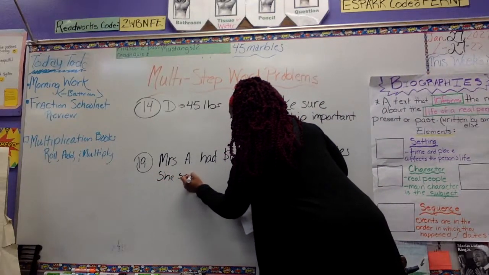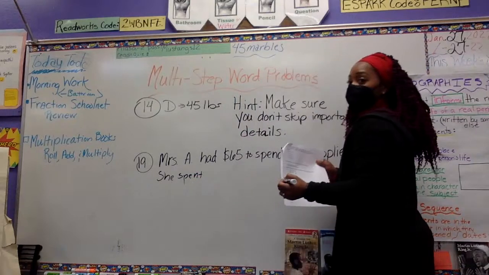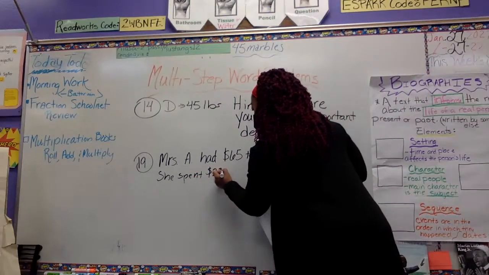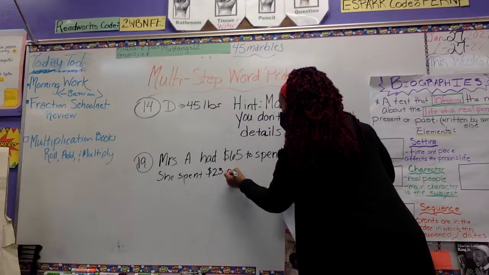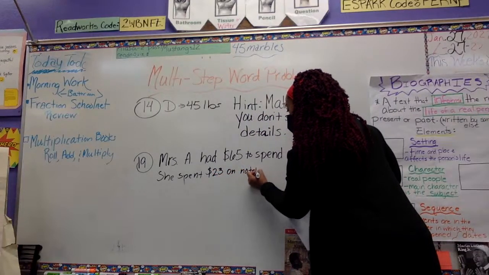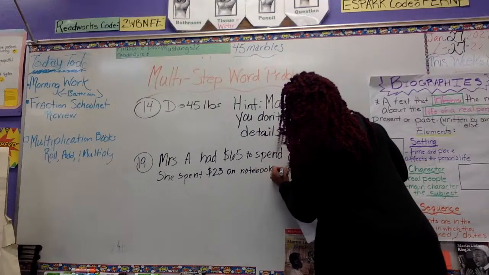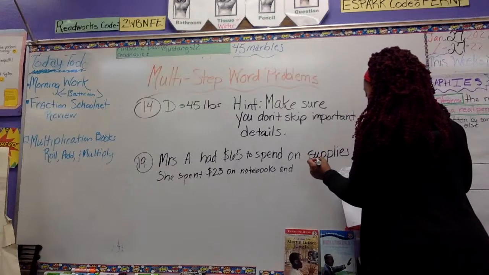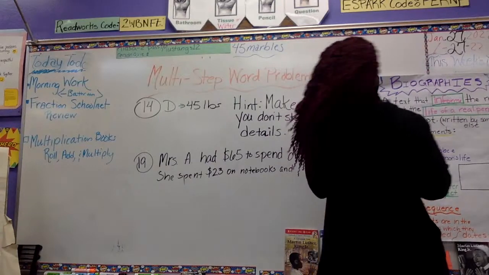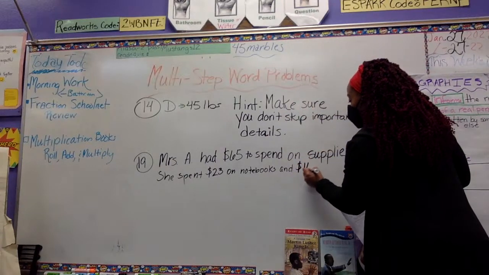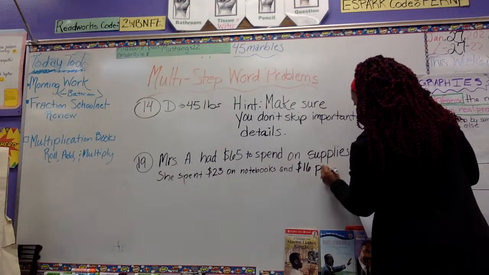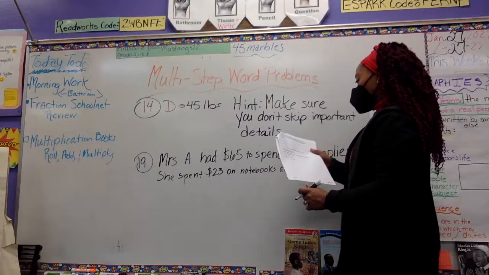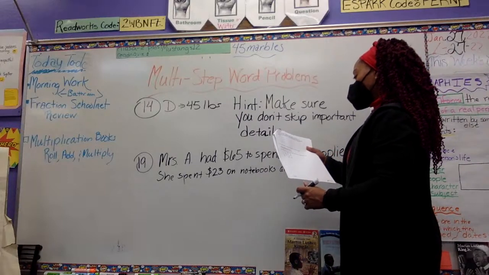She spent how much? What's the next number for me? $23. She spent $23 on what? On notebooks. And how much on pencils? $16. 60 or 16? 16. All right, so she spent $16 on pencils.